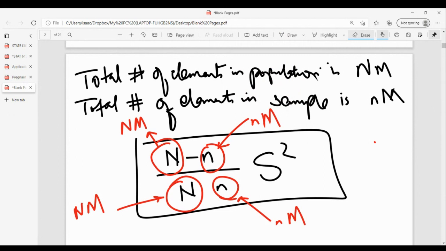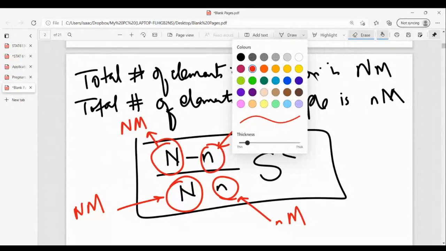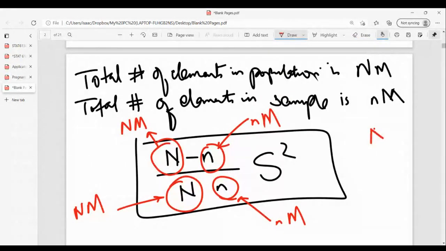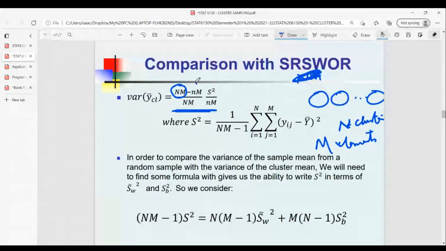This is n multiplied by M, right? So now everything is in terms of capital N, capital M, and small n, right? These numbers in front. So that's why you're going to see this part in front, right?